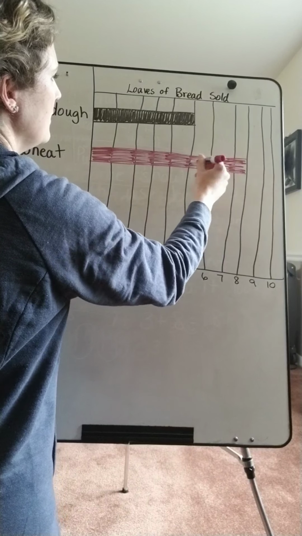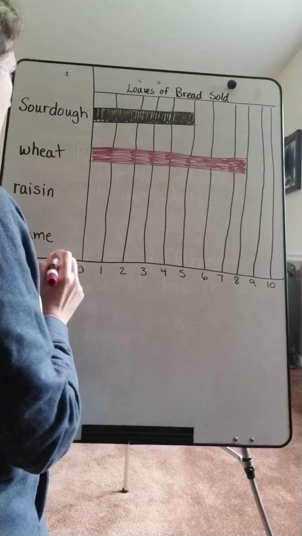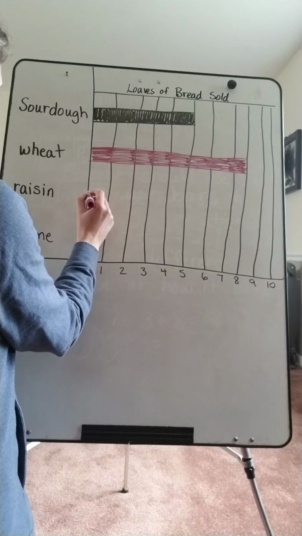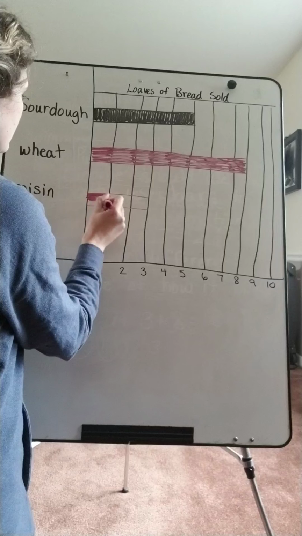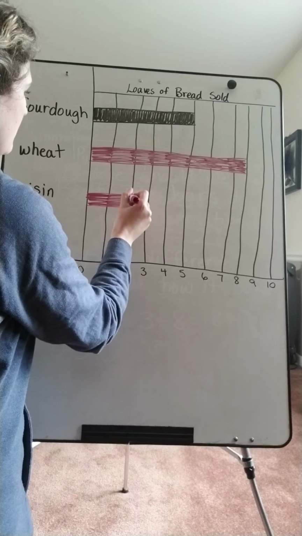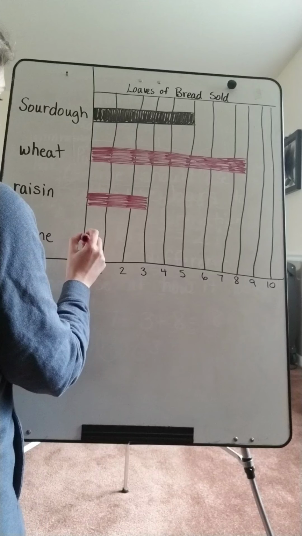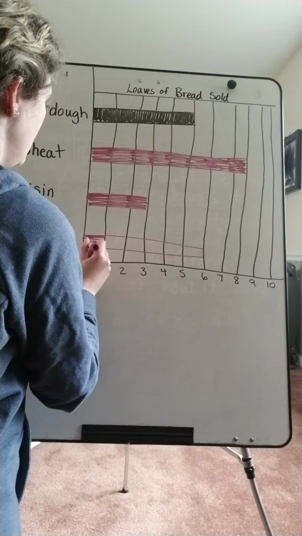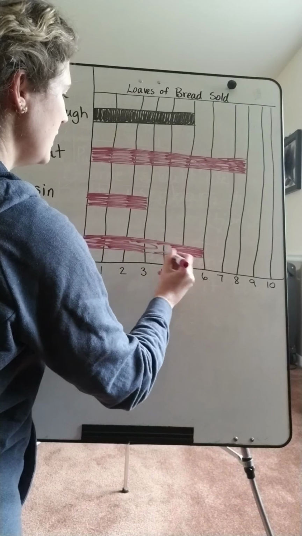Normally I would make this a lot neater, but for time's purposes, we'll do it quickly. And then raisin is 3. So again, we're going to start at the 0, go up to the 3, and then shade our bar in. And then sesame had 6. So up to the 6 and shade it in. Okay?